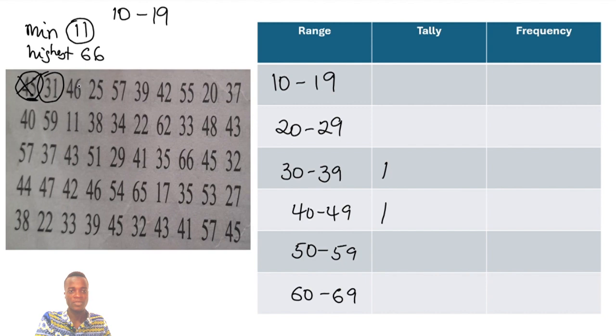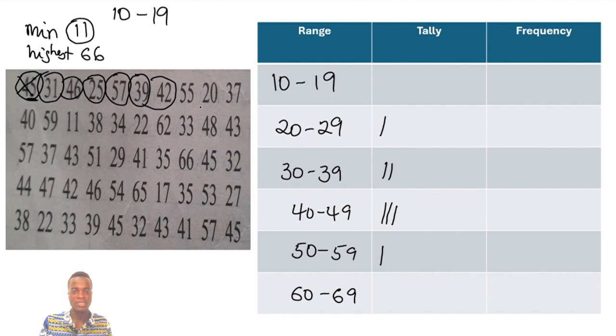Then 46 is here, another stroke. 25 will be here, 20 to 29 years. 57 will be here, so 50 to 59. 39 will be here. 42 is here.